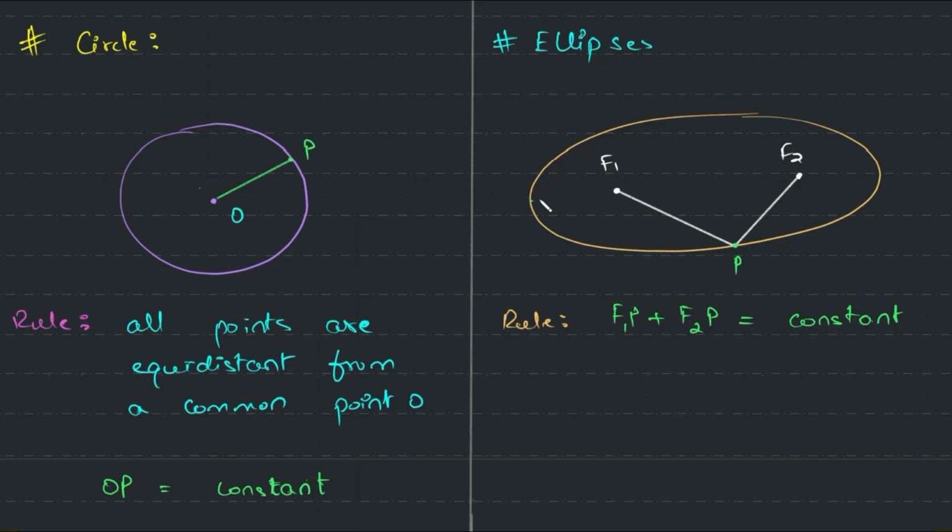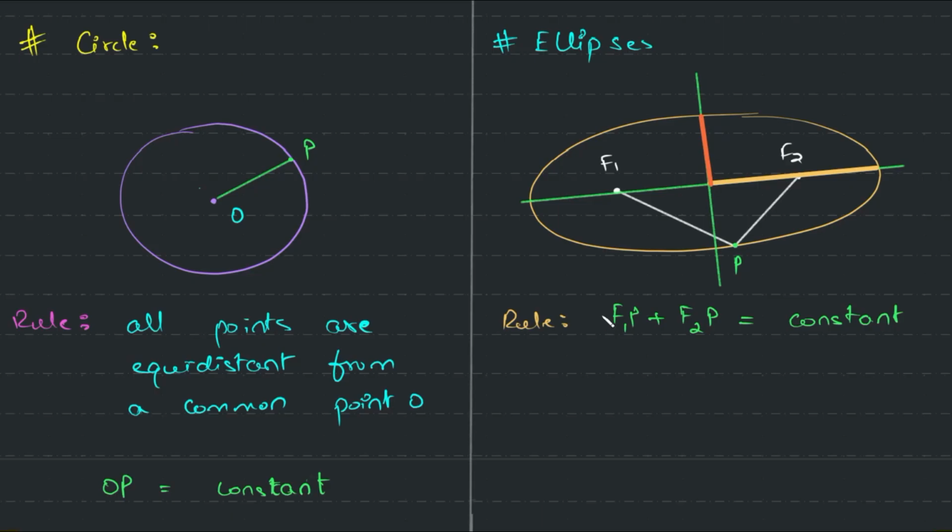Let me make it very clear. Something like this, a line passing through the two focus, and something in the center. So this would be your semi-major axis, and this would be your semi-minor axis.